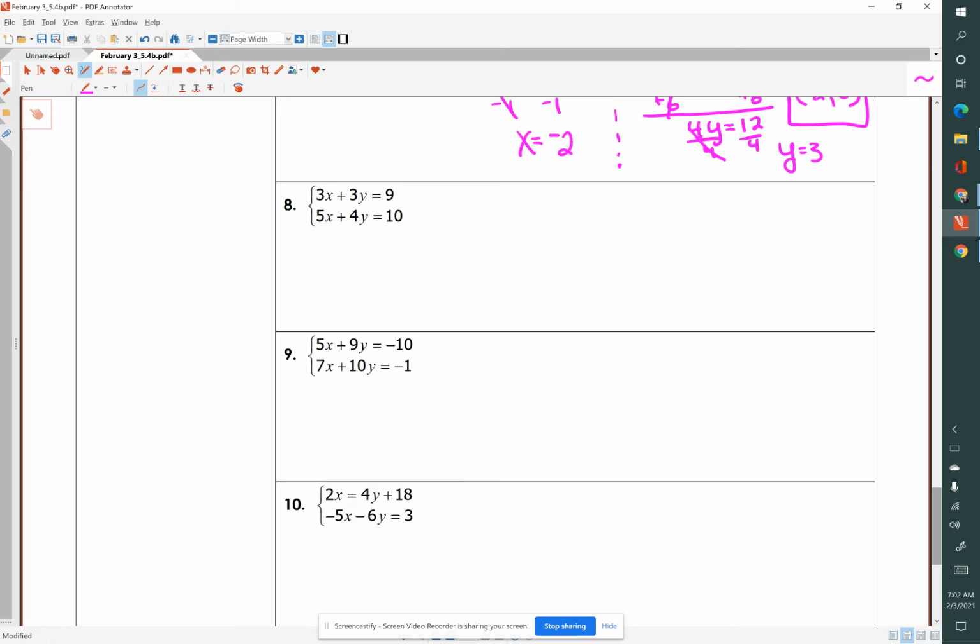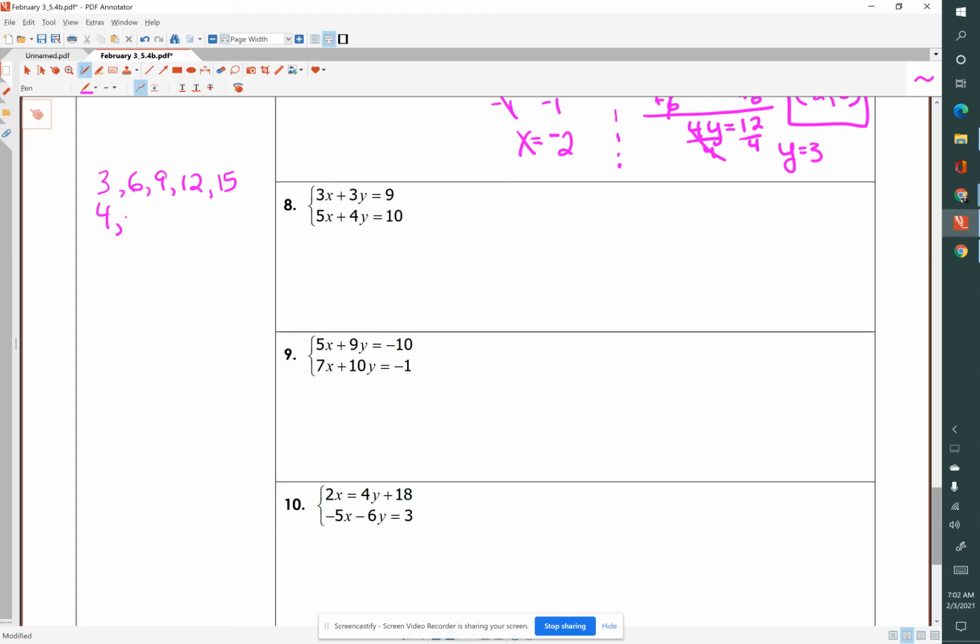So I look at 3 and 5 and 3 and 4. I'm going to choose the 3 and the 4 because they're a little smaller. To find the least common multiple of 3 and 4, let's look at the multiples of 3: 3, 6, 9, 12, 15.